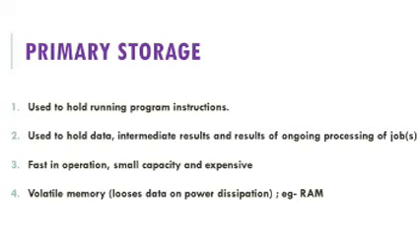Then volatile. Volatile means it loses the data on power dissipation, which means that after switching off or powering off the computer, all the processed data is erased. These actions together we call volatile.